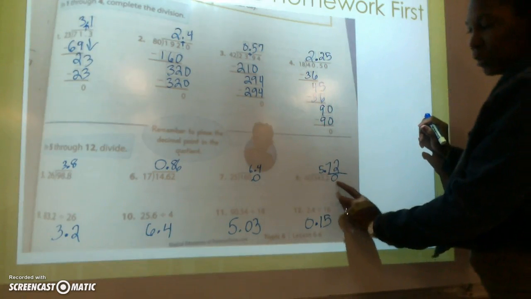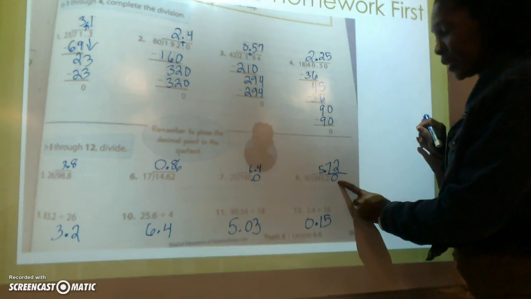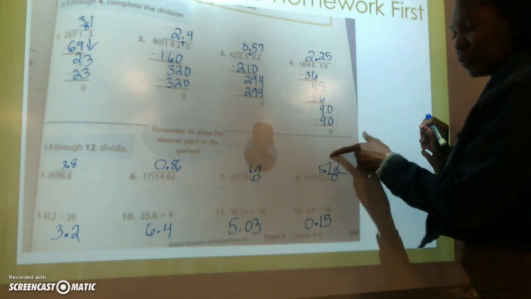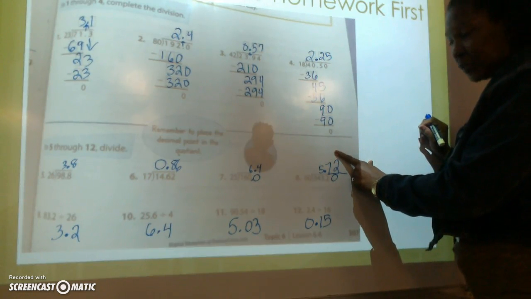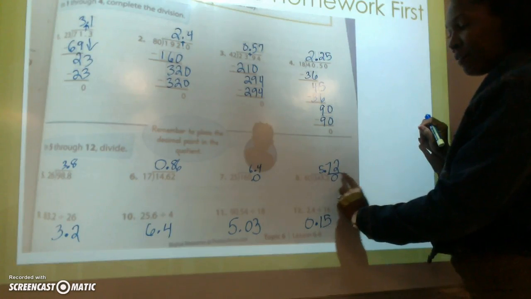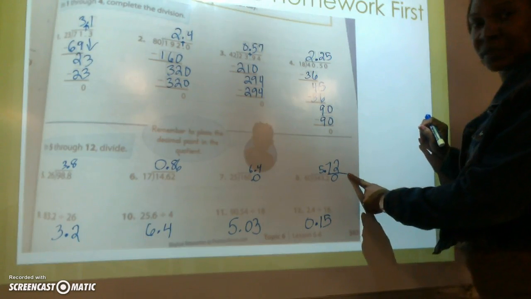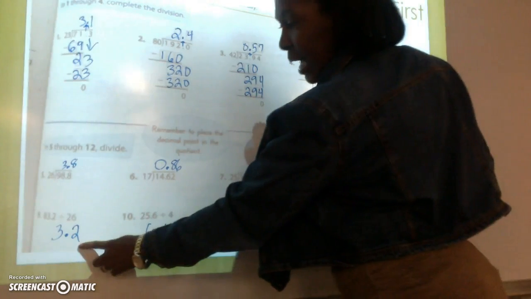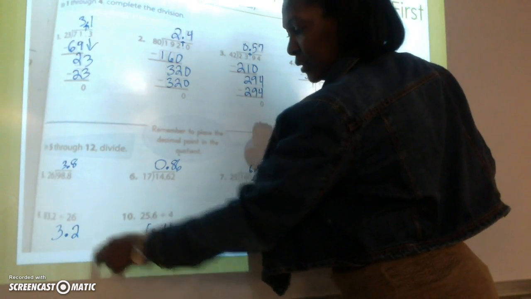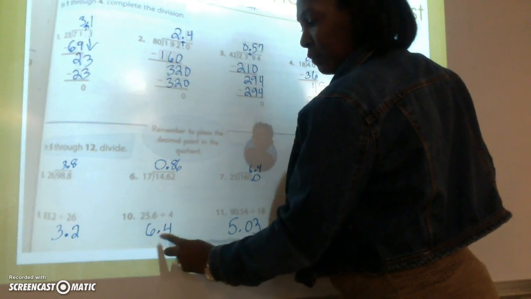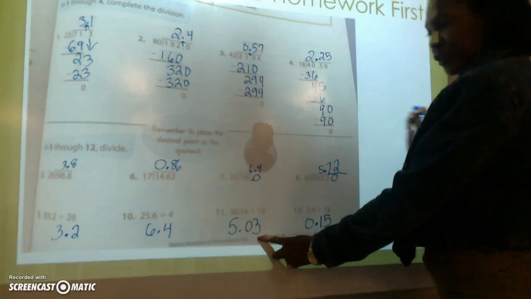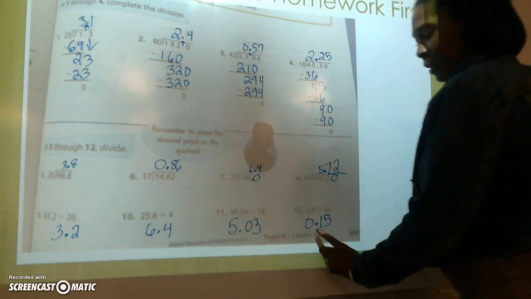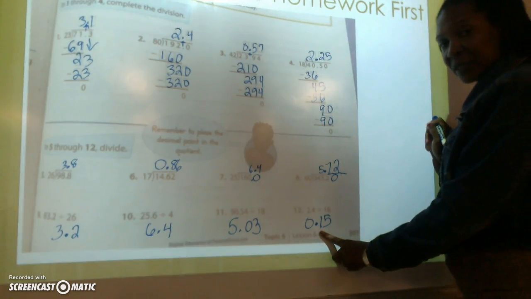The same thing here, you had to add that extra space because you had a remainder, and you remember you don't stop until you have no remainder or you work to the hundredths place. So your answer was 5 and 72 hundredths. On 9, it was 3 and 2/10, 6 and 4/10, 5 and 3 hundredths, and 15 hundredths.